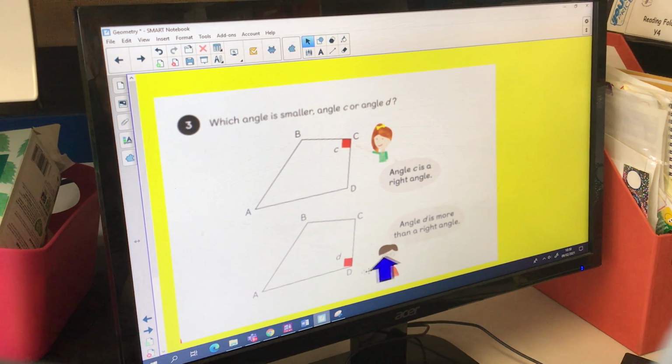But what the little boy's done, he's got that little square and tried to put it into this angle here, D, and can you see there's this gap? It doesn't fit in. The turn between those two lines, where those two lines meet, is wider than a right angle, bigger than a right angle. So angle D is more than a right angle. Okay.